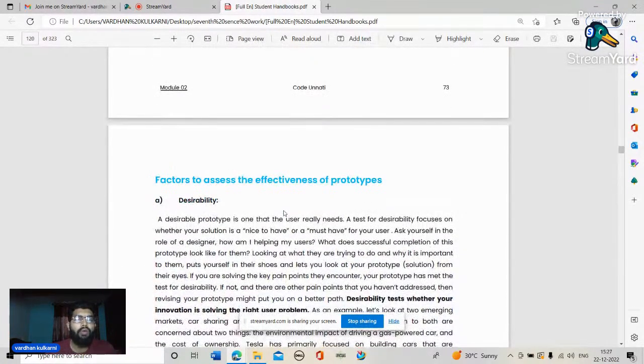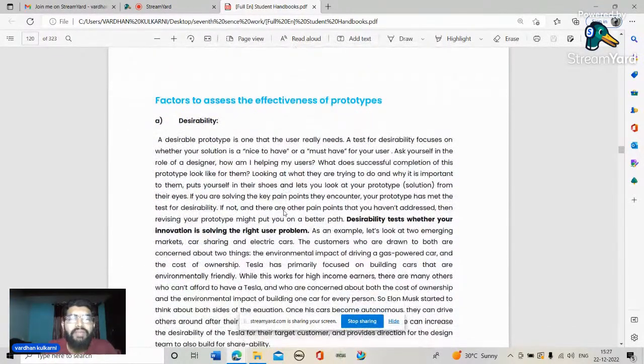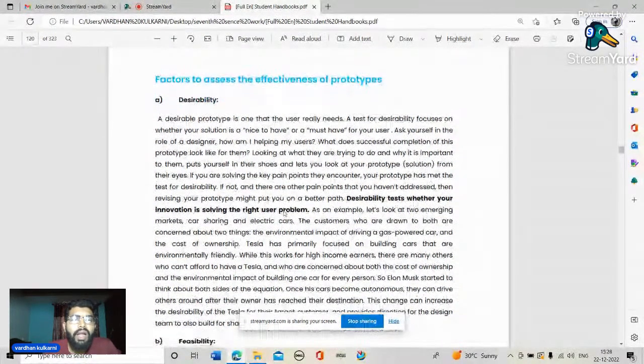Then again, assess factors to assess the effectiveness of the prototype: desirability. As we came back, we understood what desirability and feasibility are, right? A desirable prototype is one that the user really needs. The test for desirability focuses on whether your solution is a nice-to-have or a must-have for your users.